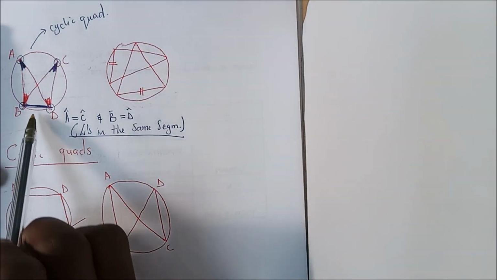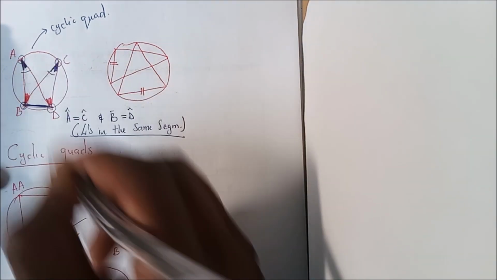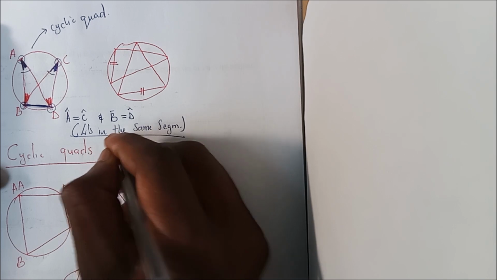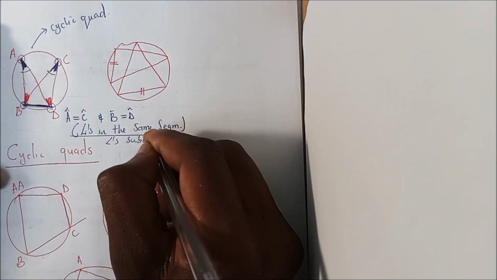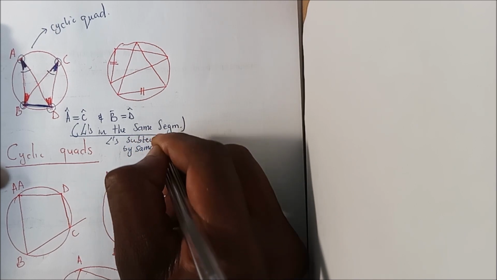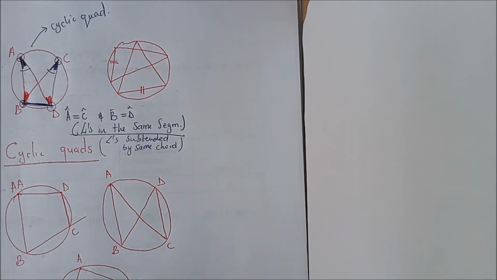So now, since this is the same chord, A must be equal to C. So if you don't want to say angles in the same segment, you can say angles subtended by the same chord. So equal chords subtend equal angles.